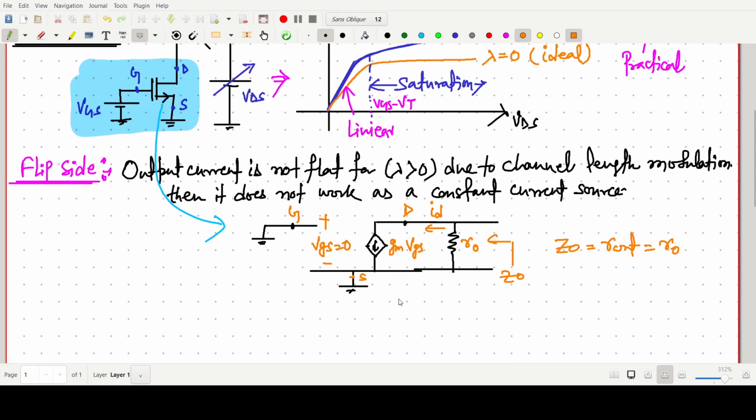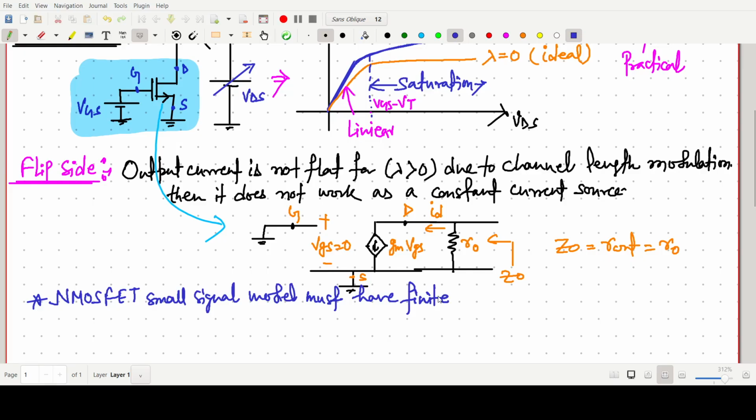So a small signal model of a constant current source tells us that it has finite output resistance. So the first thing that I want to write is that the NMOSFET small signal model must have finite output resistance.